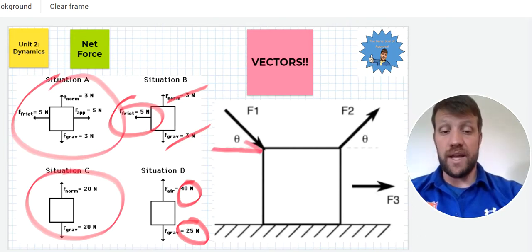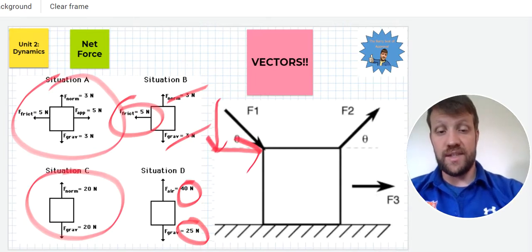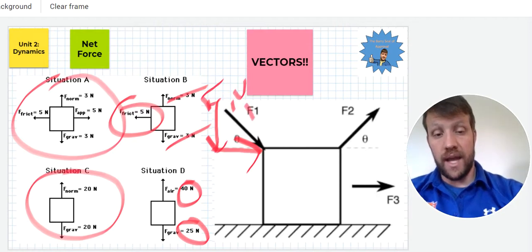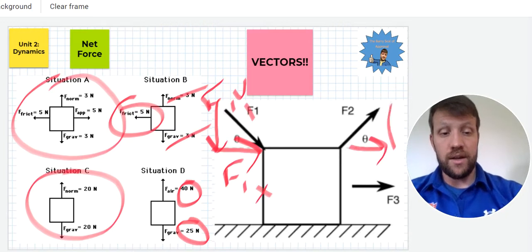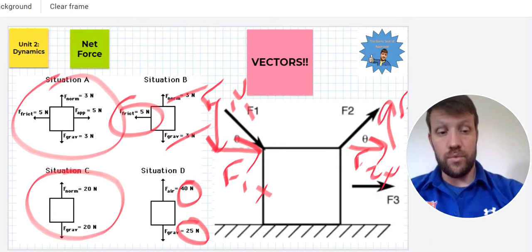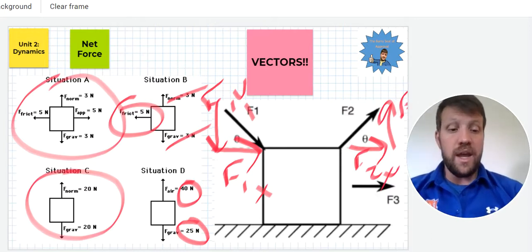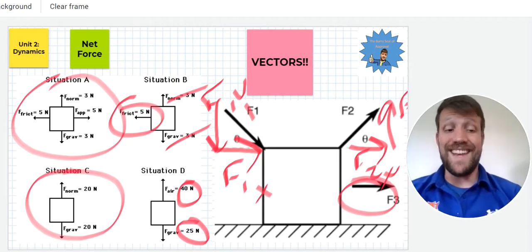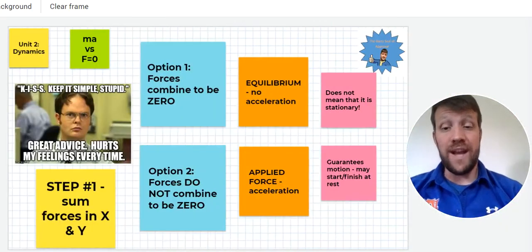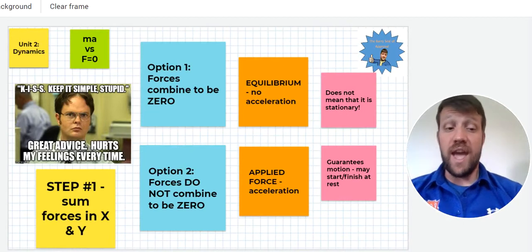So we would have to find forces here using this theta angle that would be given, F1y and F1x, and then the same thing here, F2x and F2y up here, and then use F3, which is just in the x direction, and put all those together to find the net force in the x direction and the net force in the y direction. That's going to be really important when we look at MA versus the F equals 0.